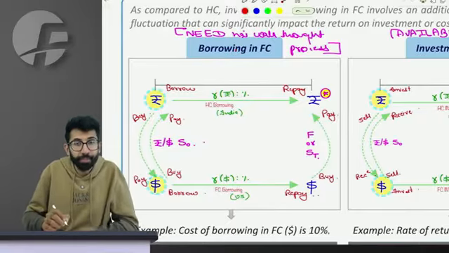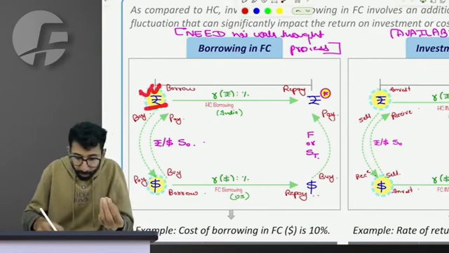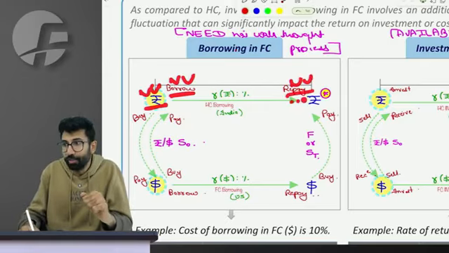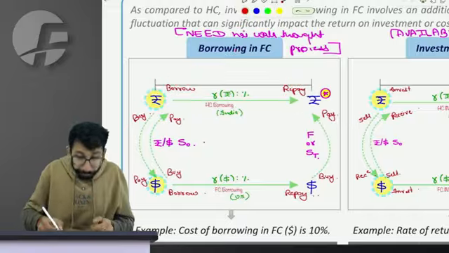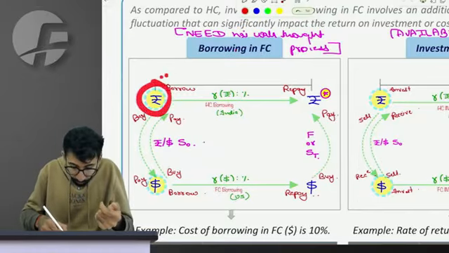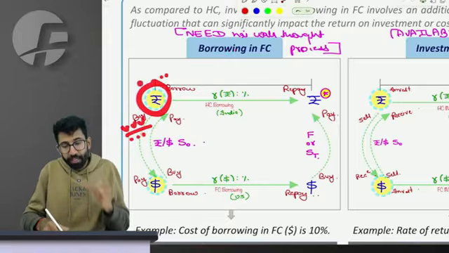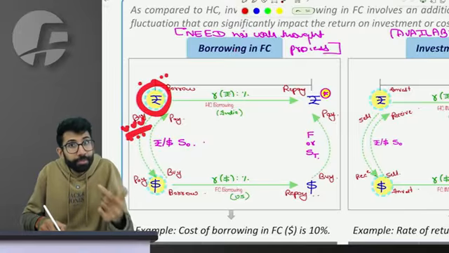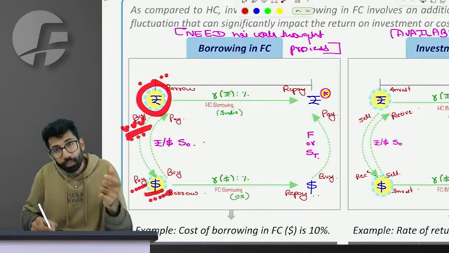For example, I'm an Indian company. One possibility is that I need rupee. So if you need rupee, option one is borrow from India only and repay to that Indian bank. Life is sorted. If you want to borrow in foreign currency, then what do we do? Sir, please imagine, if you need rupee, you will have to buy rupee, and to be able to buy the rupee, you should be able to pay that foreign currency dollar.